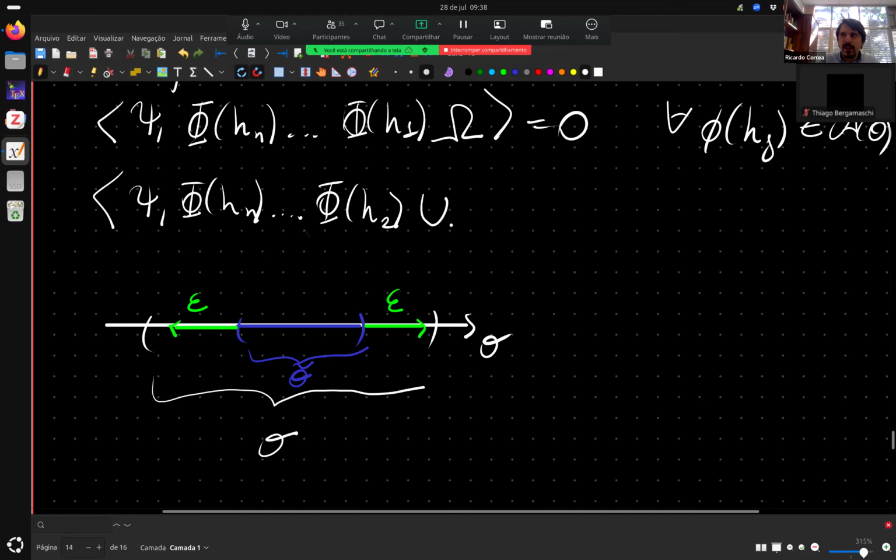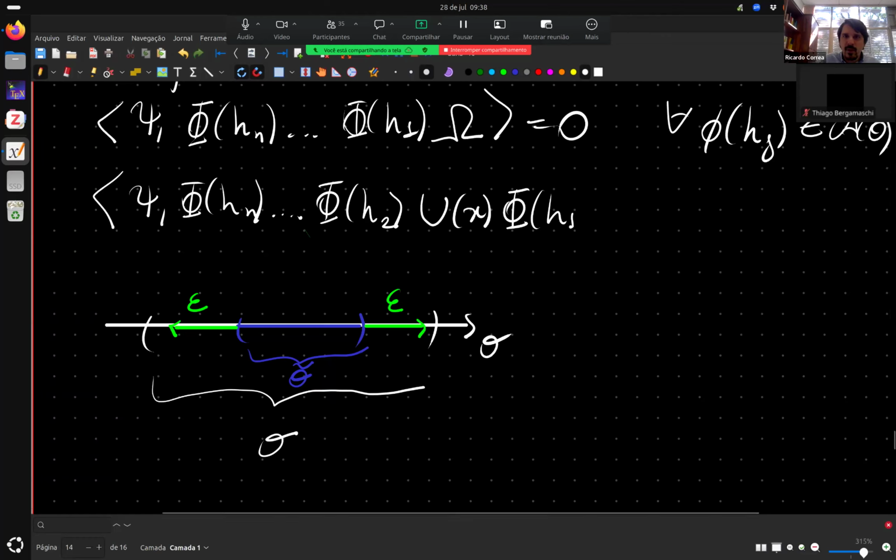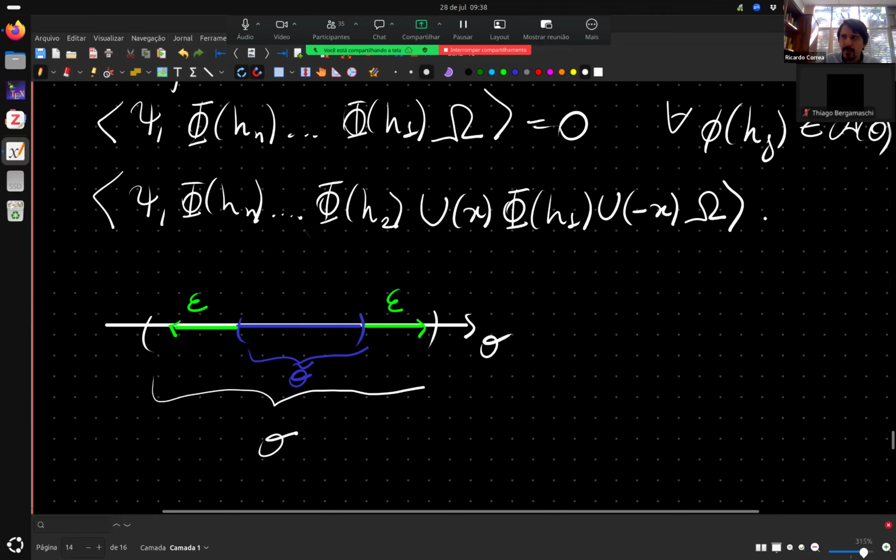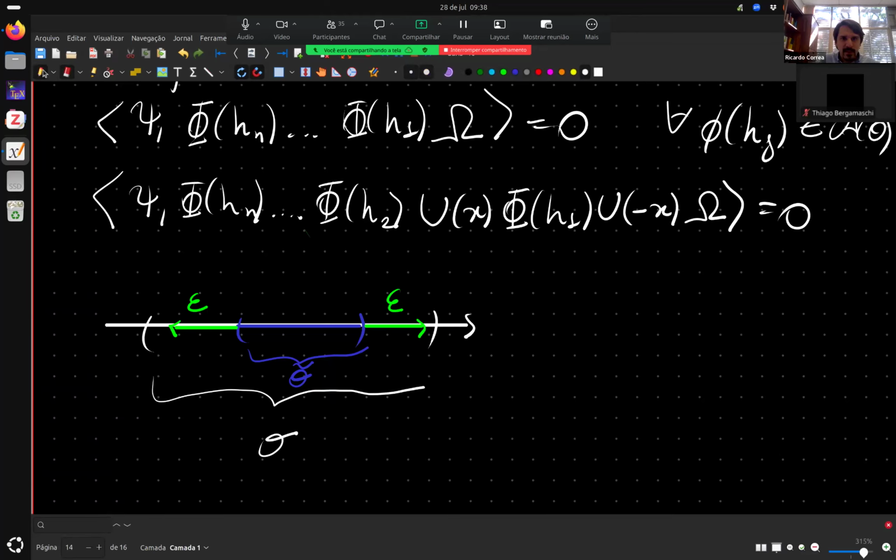So X, phi of H1, U, and then I have U star, but U star is U of minus X, that's a one parameter group. In omega, that should be 0 as long as U is acting with parameter X smaller than epsilon.